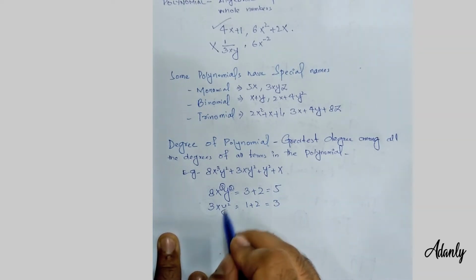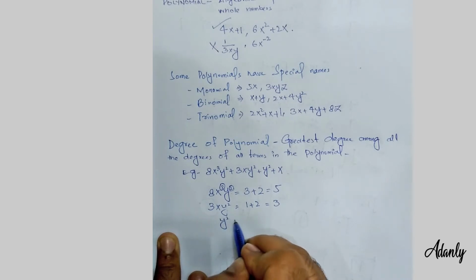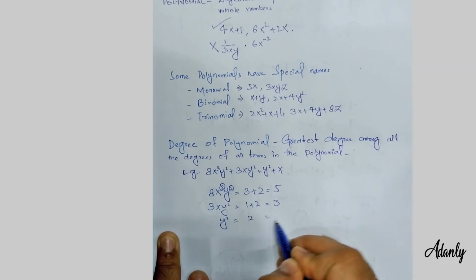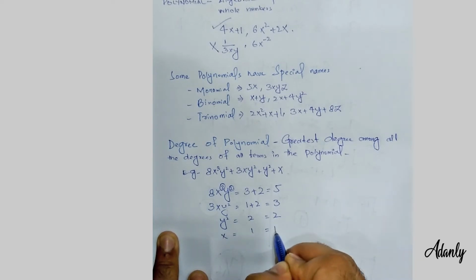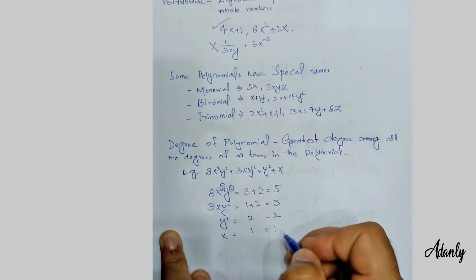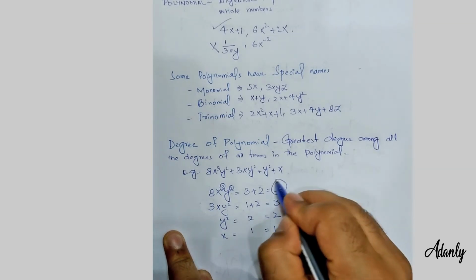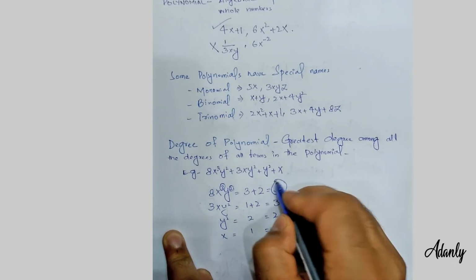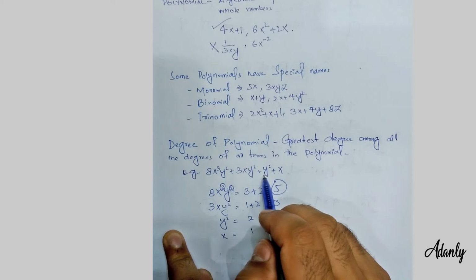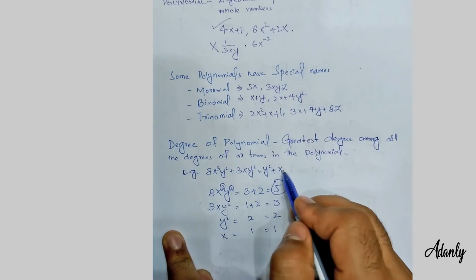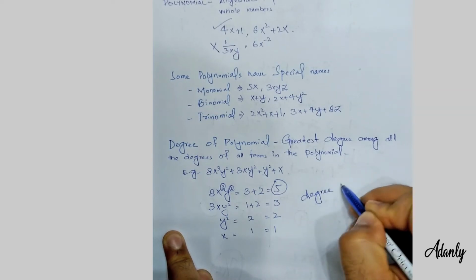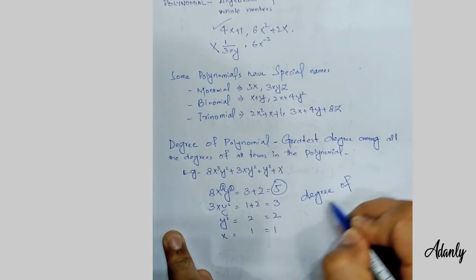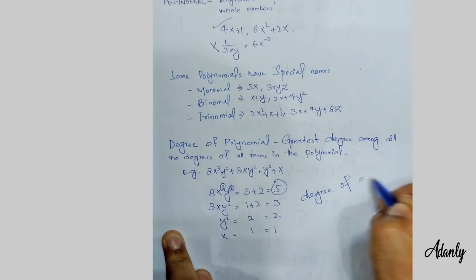Now the degree of y squared is 2, and the degree of x is 1. Since 5 is the greatest degree in this whole polynomial, the degree of the given polynomial is 5.